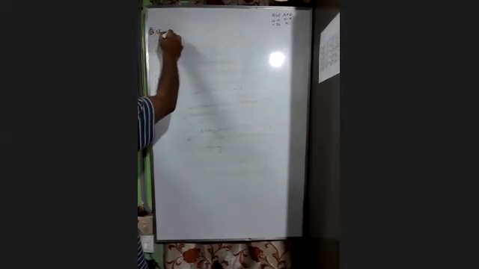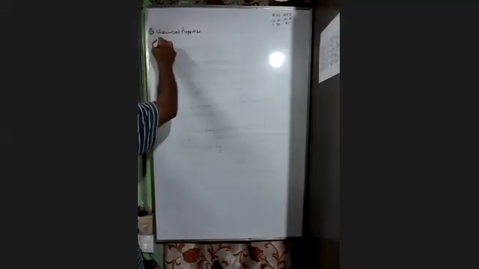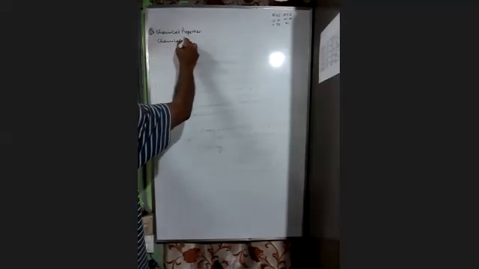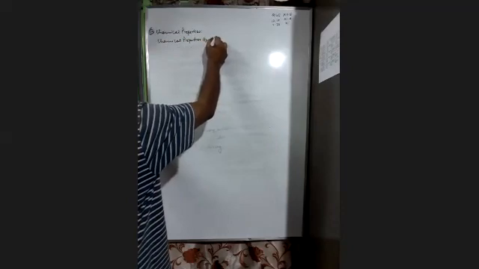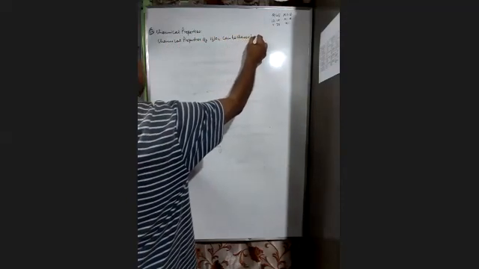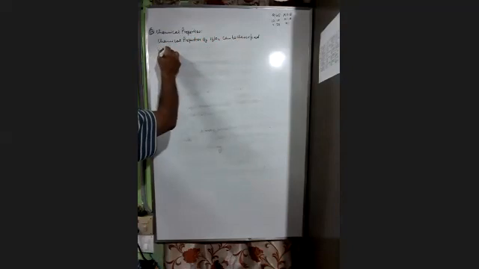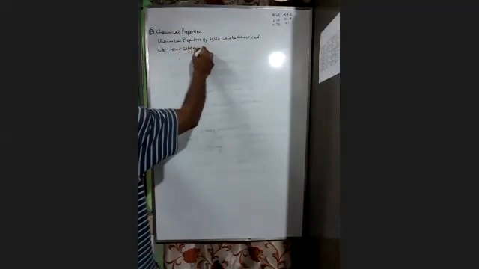Okay, now B, chemical properties. Chemical properties of H2SO4 can be classified into 4 categories. All right, I'll write now here.